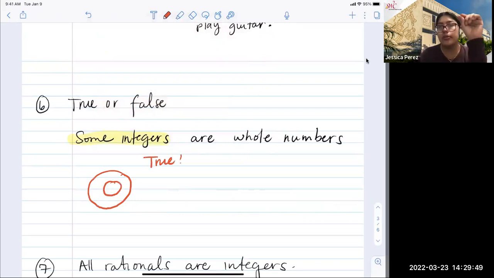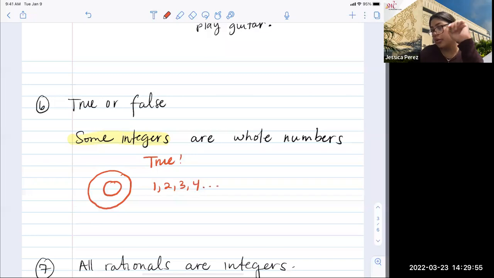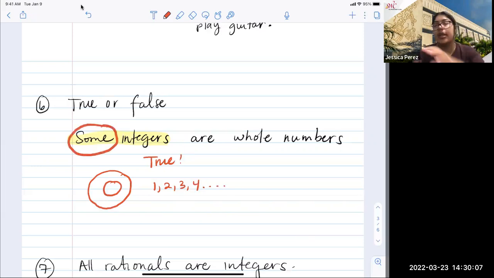I'm saying some. So some integers would be 1, 2, 3, 4, so on and so forth. But there's also -1, -2, but those are not whole numbers, but I just said some. That keyword is some. If I would say all integers are whole numbers, that would be false because negatives are not whole numbers.